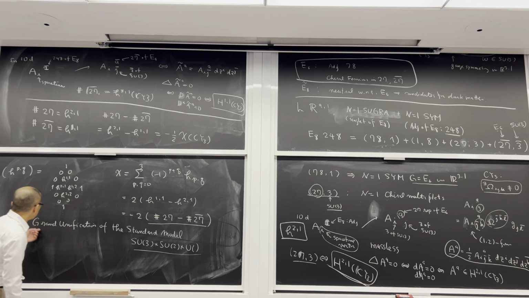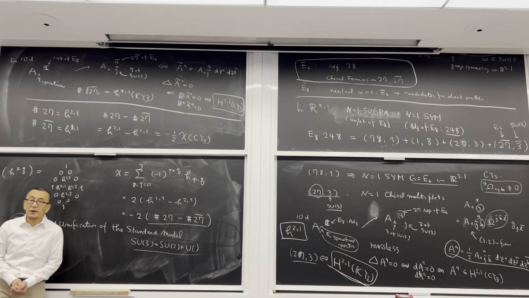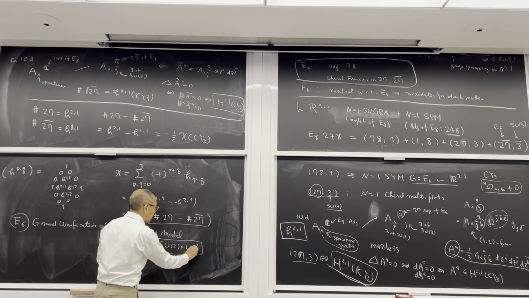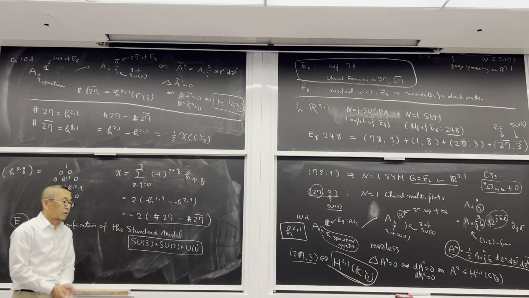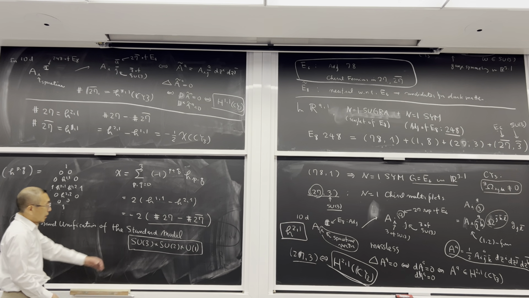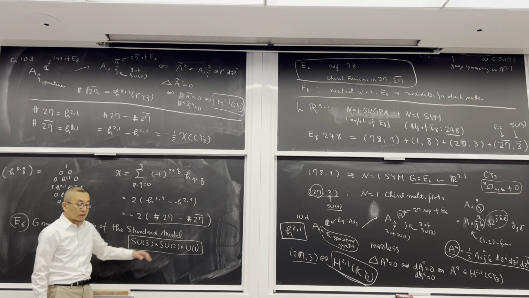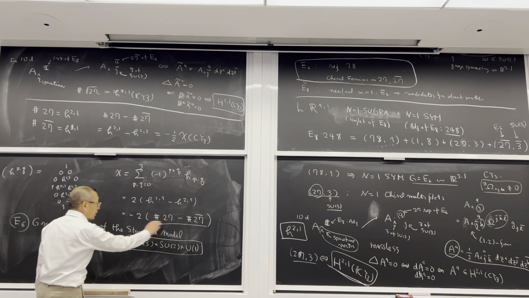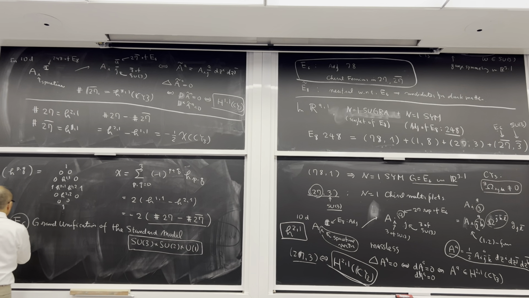And this gauge symmetry is naturally embedded into E6. The remarkable fact is that the quarks and leptons, quarks and electrons and neutrinos, etc., transform under certain representations of SU3 cross SU2 cross U1. And it turns out that they can be combined into 27 and 27 bar of E6.